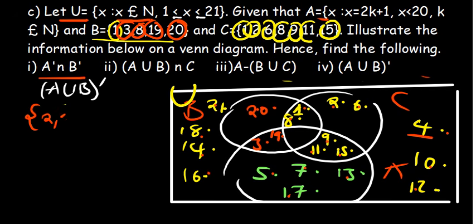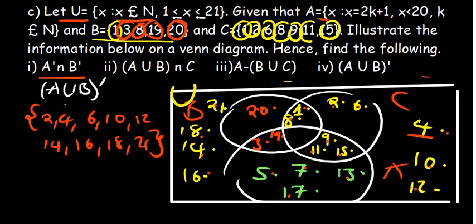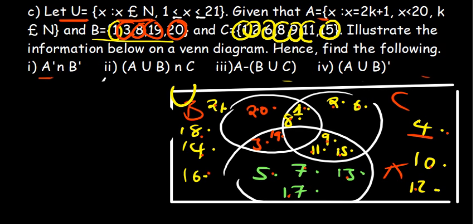So we have 2, 4, 6, then from there I think we have 10, 12, 14, 16, 18, 21. So these are the elements that we have for the first part of the question.